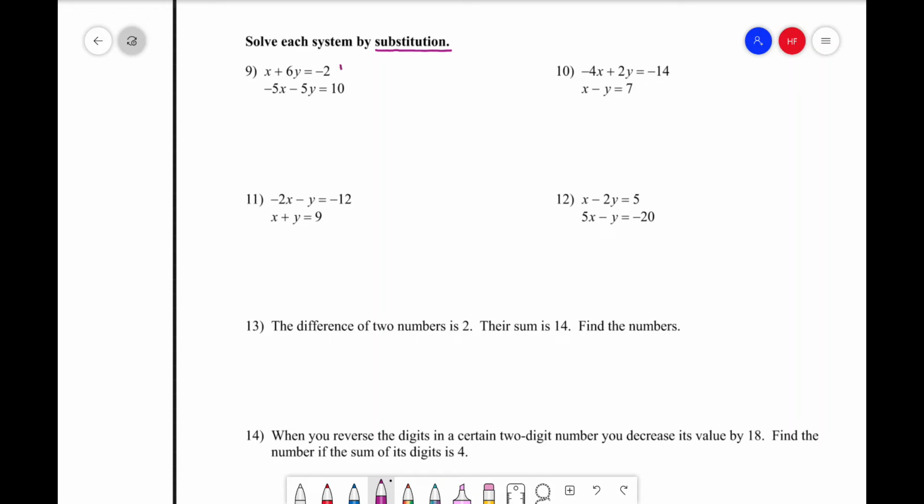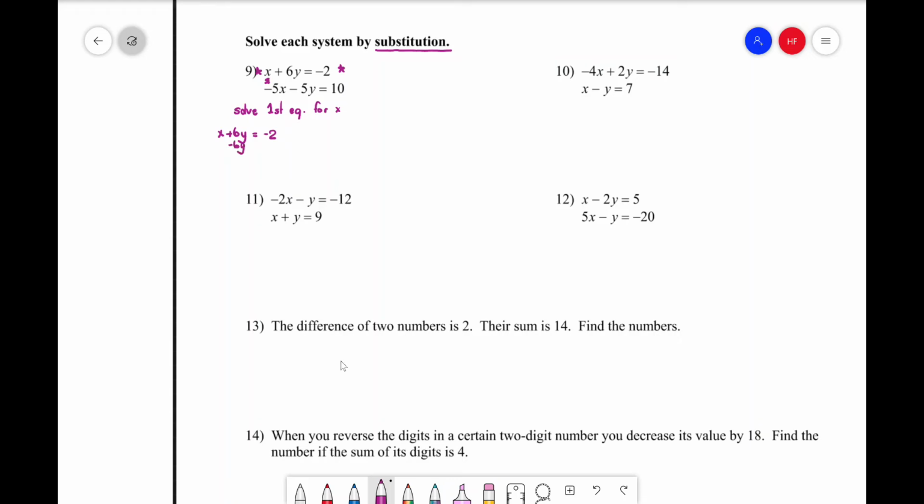I see that on number 9, this first equation is almost solved for x because we have a coefficient of 1. So we're going to solve the first equation for x. And you can solve either equation for either variable. I just like to look for whichever one's going to be with the simplest steps. So I'm going with that first equation.